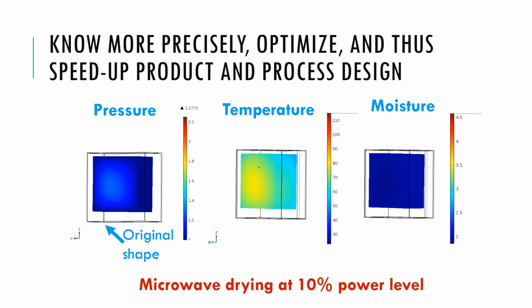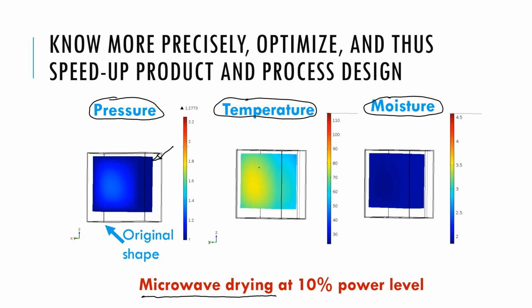So here is an example. This is a simulation of microwave drying, where we could look at how the dimensions change, how the pressures develop, how the temperatures develop, and how the moisture develops, all with space and time.